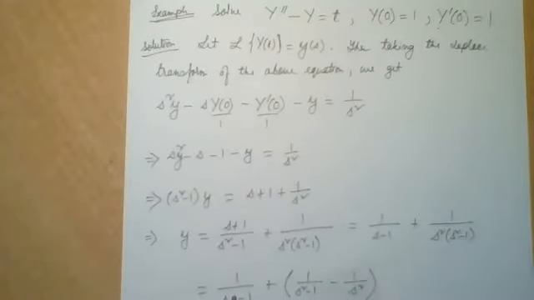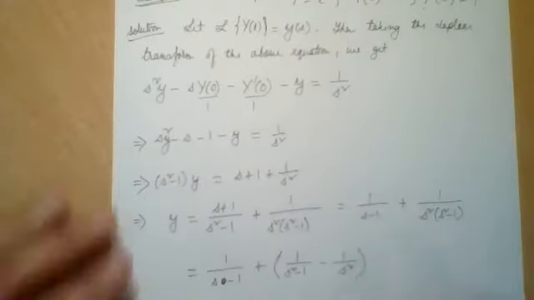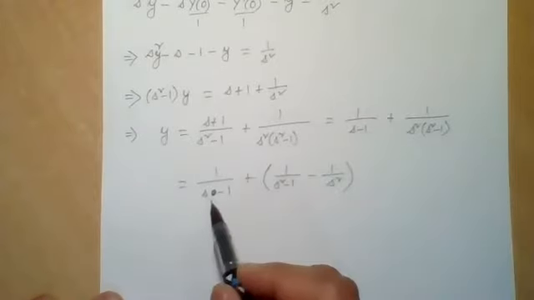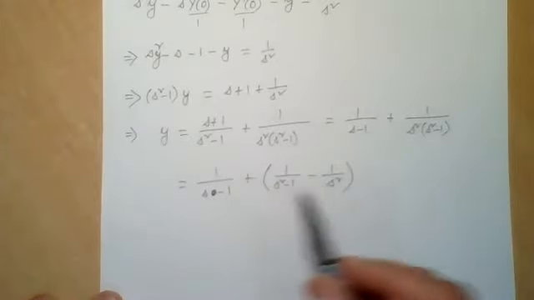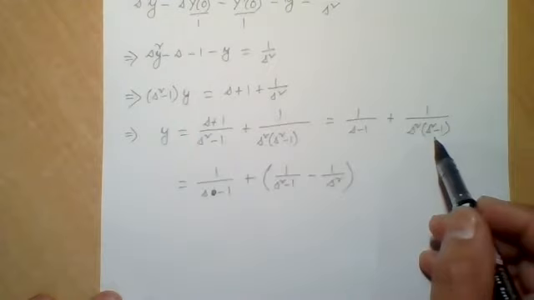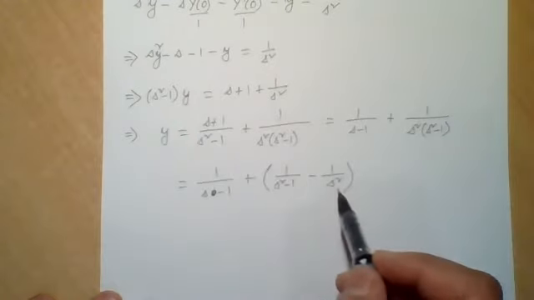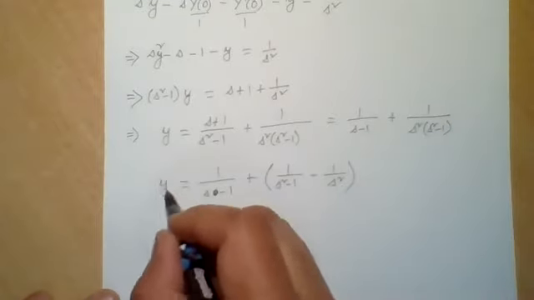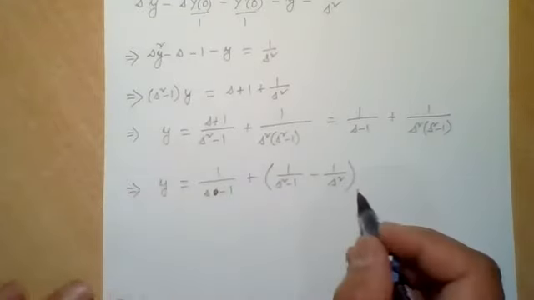This has been reduced to these two terms by using the method of partial fractions. Let me repeat. 1 by s minus 1 is 1 by s minus 1 here, and this term can be written as a sum of two terms by using the method of partial fractions. So we have obtained y equal to this.